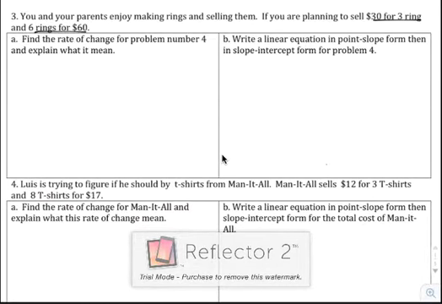And 6 minus 3. $30 over 3 rings. These are rings. So $30 for 3 rings, or $10 for every 1 ring, each ring. What does it mean? It means $10 per ring.